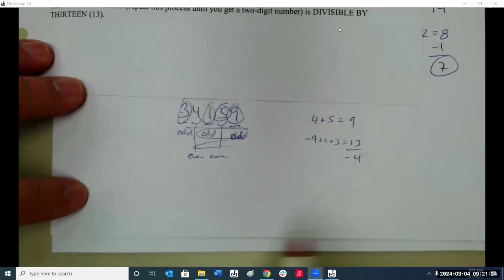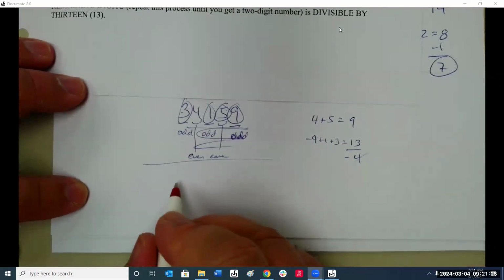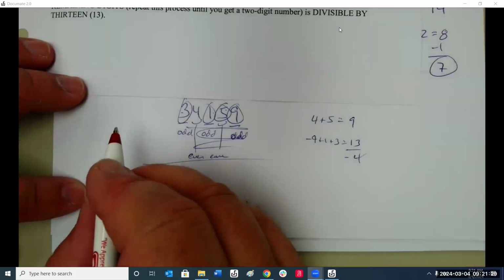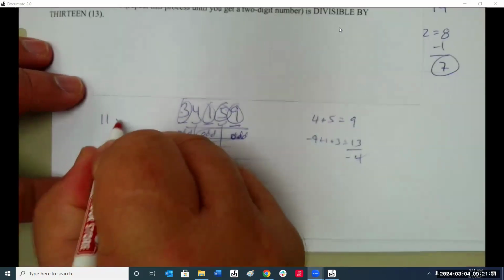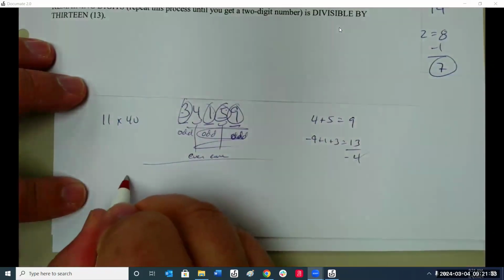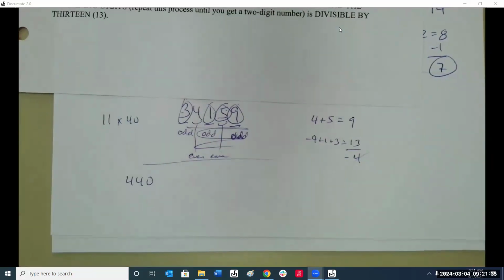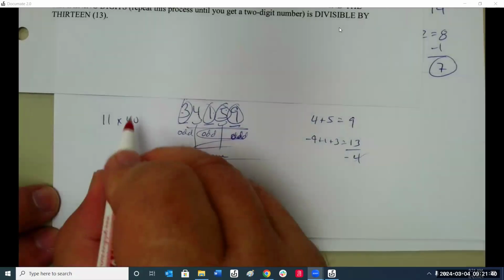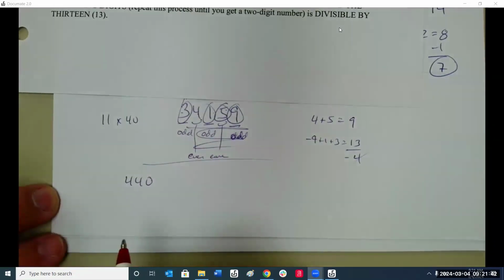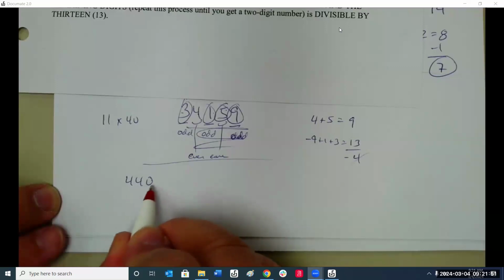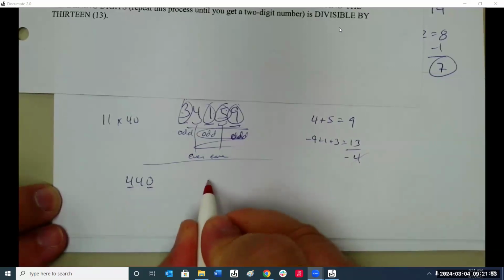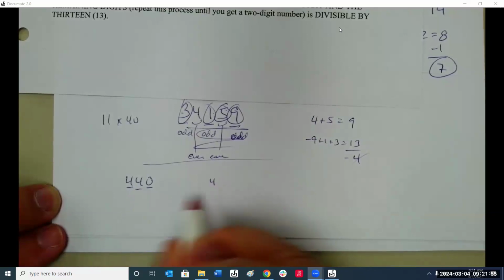Let's find one that is. So we have 11 times, let's say 40. 11 for that. So here's the first and third, and the second.